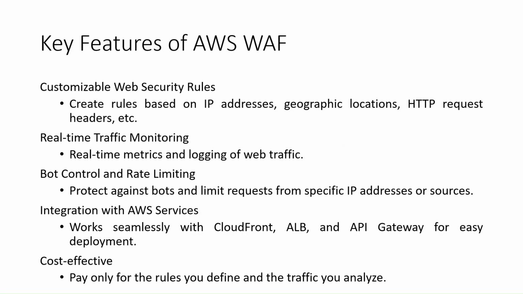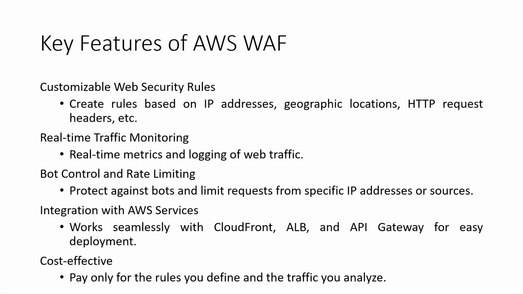Now let's see what the key features of AWS WAF are. Firstly, it provides customizable web security rules. You can create rules based on IP addresses, geographical location, or HTTP request headers. So you can create specific security rules to protect your website.